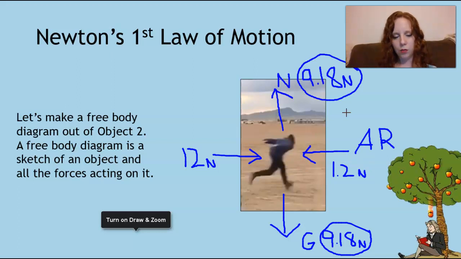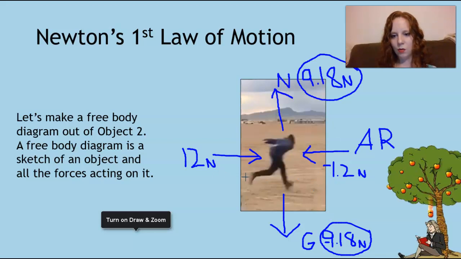And if it helps you to figure out what are balanced and unbalanced forces, since I'm right-handed, anything that is moving to the right, I usually associate as positive. Anything moving to the left, I associate as negative. Just like anything moving up, I'll associate as positive, whereas something moving down, I will associate as negative. So if you add those two together, they equal 0, which is why they're balanced.